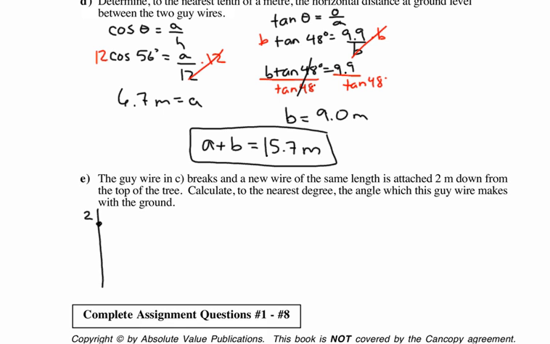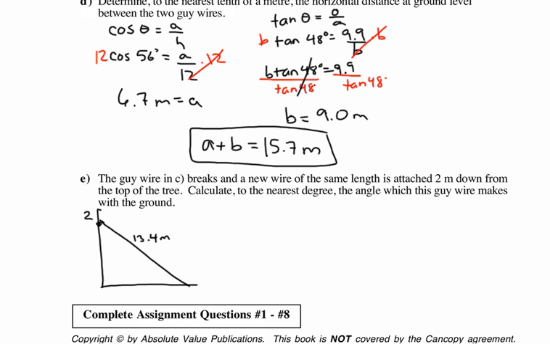And so that's going to change our angle. We're going to use the same wire, which we calculated to be 13.4. So initially it was farther away, but we're going to attach it higher and make it a little tighter.